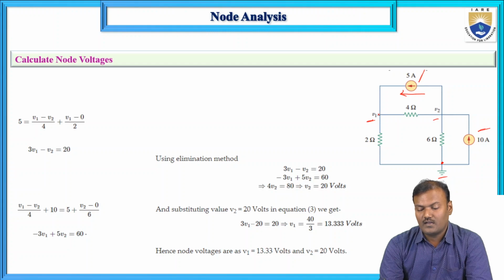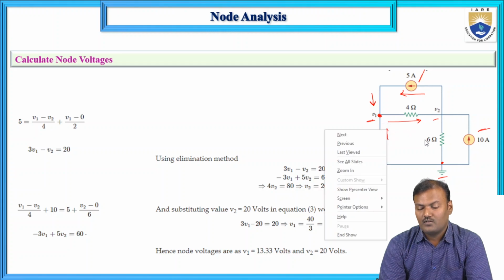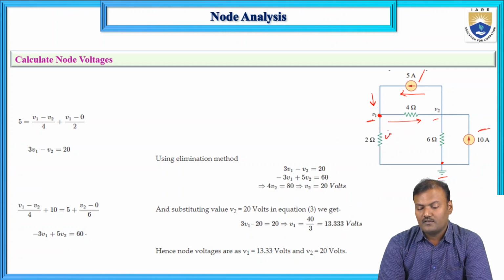So the currents at this point: one is the current flowing from the 5 ampere source, the second current is flowing from V1 to V2, and the third current is flowing from V1 to ground potential, or the zero potential point.